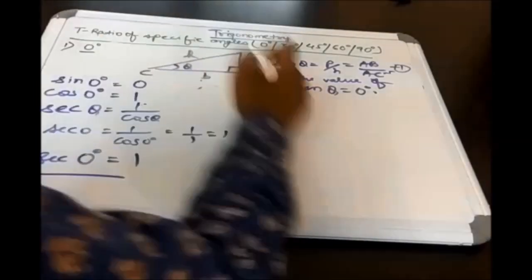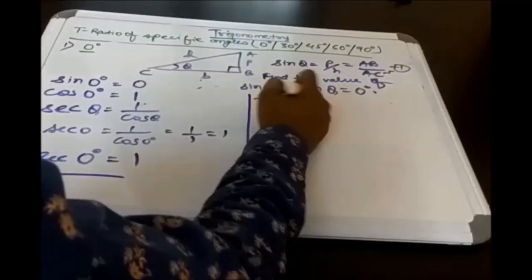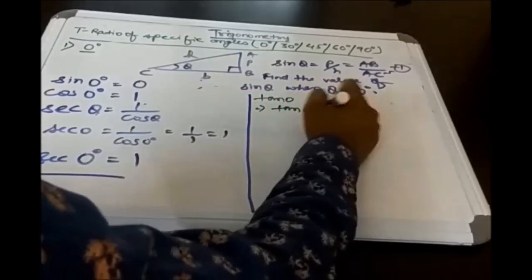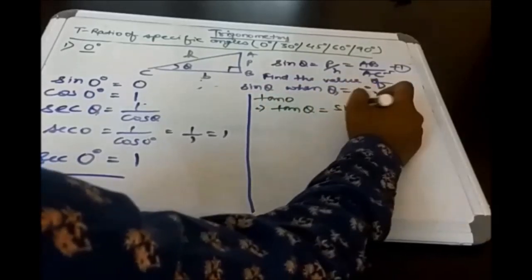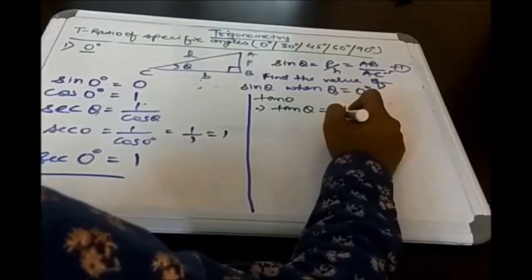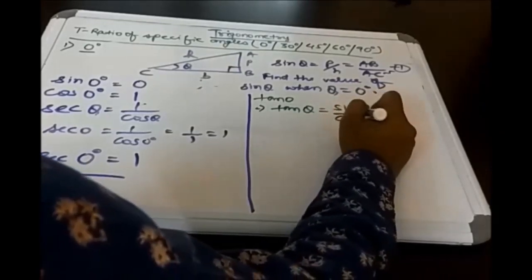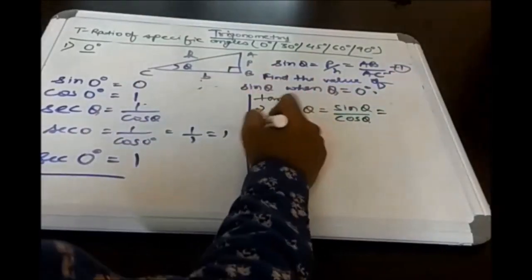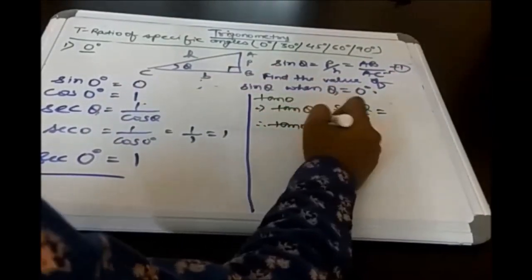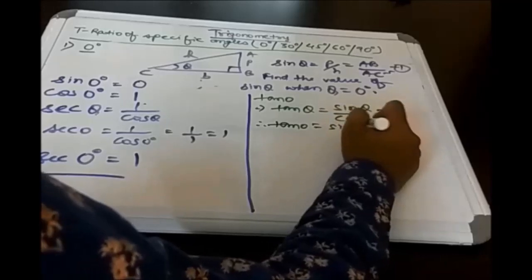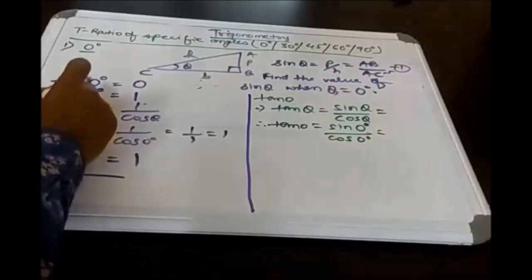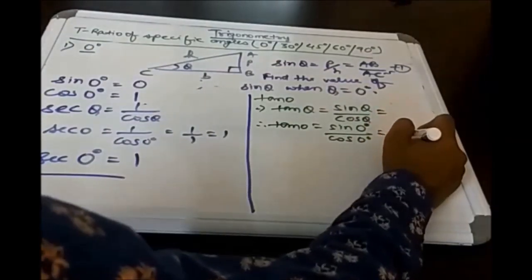So now we will find the value of tan 0. Tan theta, as per the relationship between trigonometric ratios, we learned is sine theta by cos theta. Therefore tan 0 will be sine 0 degree by cos 0 degree. Sine 0 degree is 0, cos 0 degree is 1.